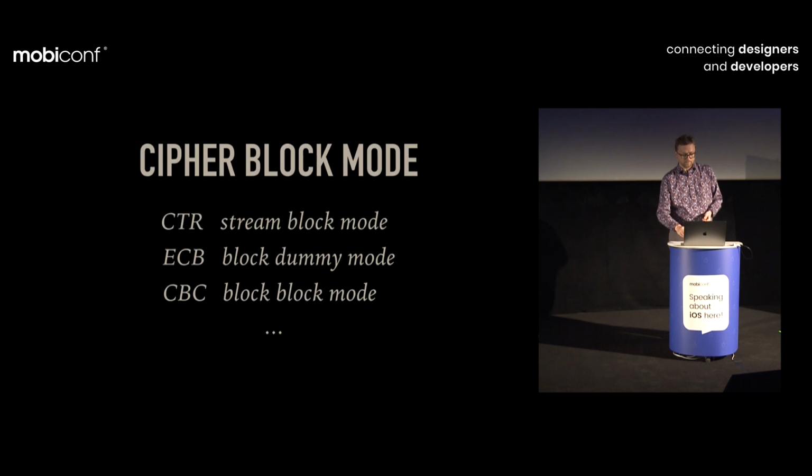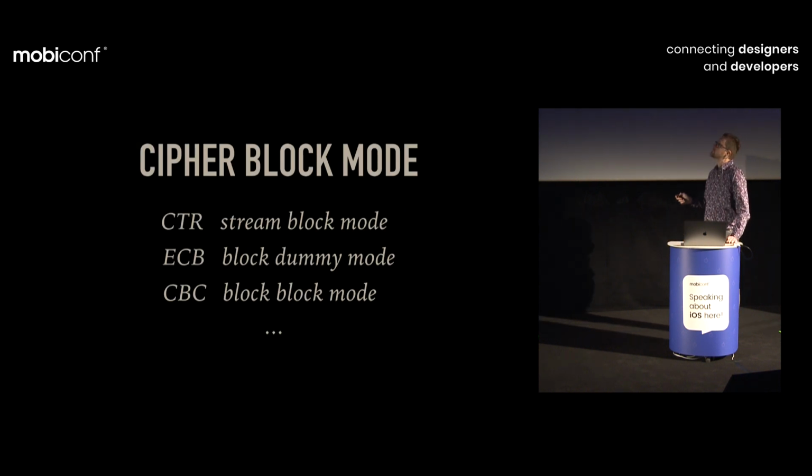But there is a solution. But it's more complicated. These block ciphers use block modes, so it works in some mode. Each cipher has a defined list of the block modes you can use with it. I will just emphasize 2 here.